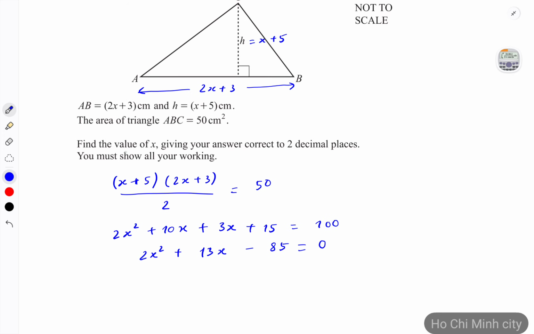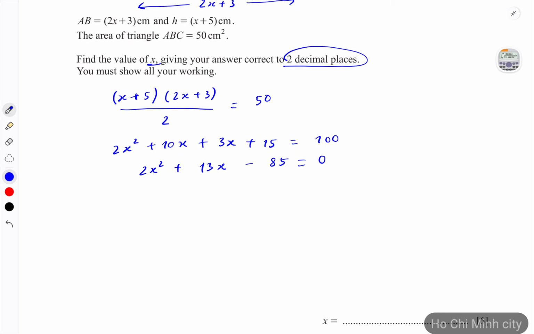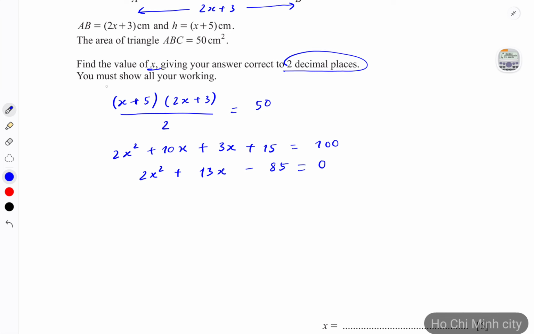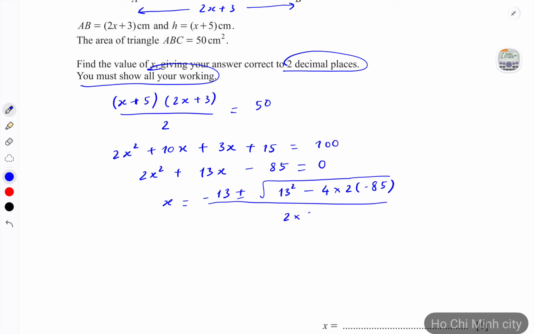Alright, so we need to find the value of x correct to 2 decimal places. Because they need us to show all of the working, it is recommended to use the formula here. So x is negative 13 plus or minus the square root of 13 squared minus 4 times 2 times negative 85, and divided by 2 times 2.